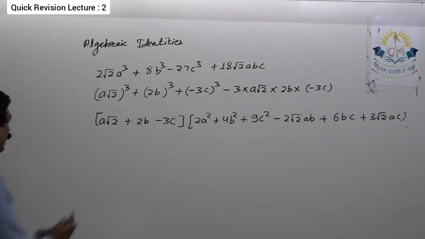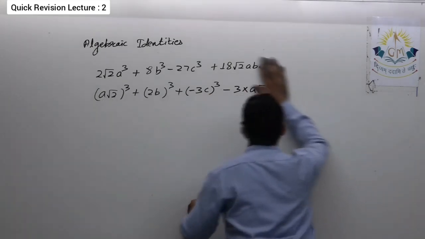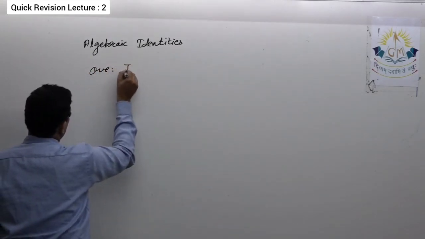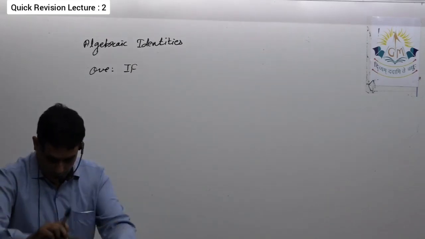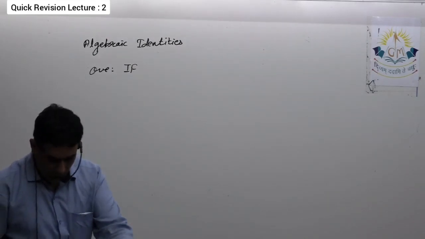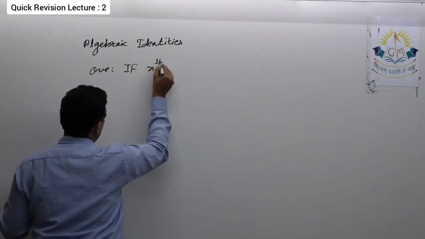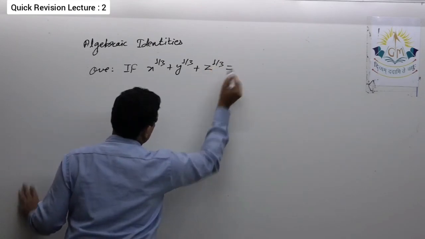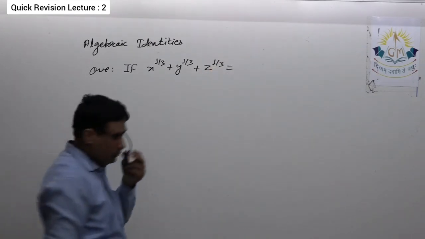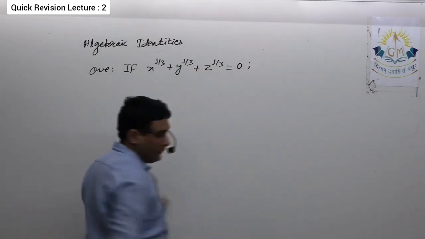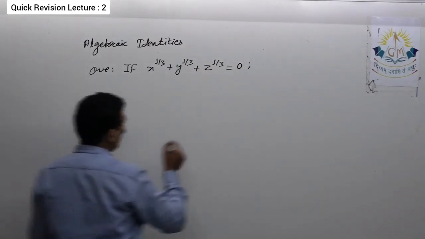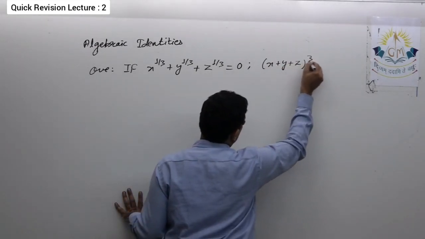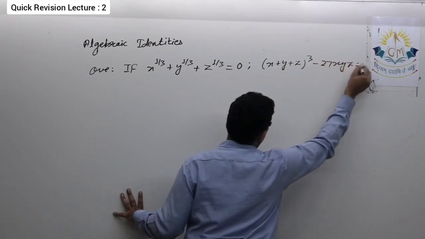Okay, next question is, if x raised to 1 by 3 plus y raised to 1 by 3 plus z raised to 1 by 3 is equal to 0, then find the value of x plus y plus z whole cube minus 27xyz.